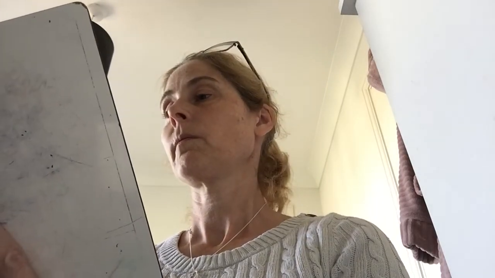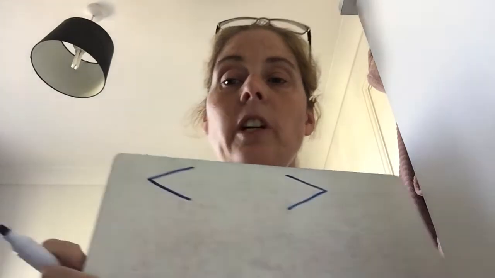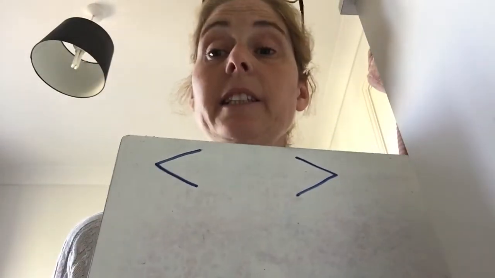Now, what we're going to think about today, something slightly different, but what we did yesterday and what we've been doing all week will really help us with this. Okay, and I'm going to introduce you to a new mathematical sign today. Two new mathematical signs. Okay, now these are the two signs that we're going to be looking at today.